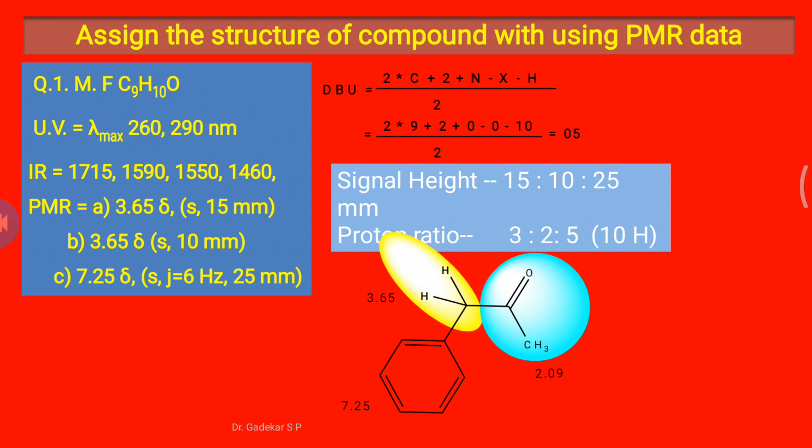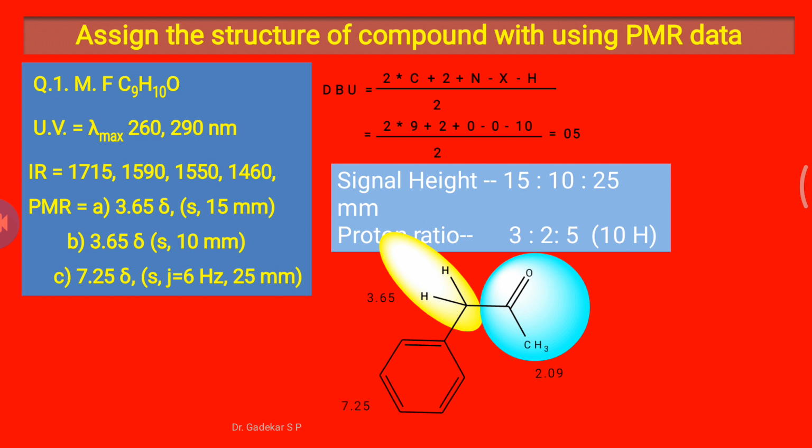It indicates the compound contains 5 double bond unsaturations. So there may be 5 double bonds, or one ring and 4 double bonds, maybe one benzene ring and one double bond: the benzene ring contains 3 plus 1, meaning 4 double bond unsaturations.